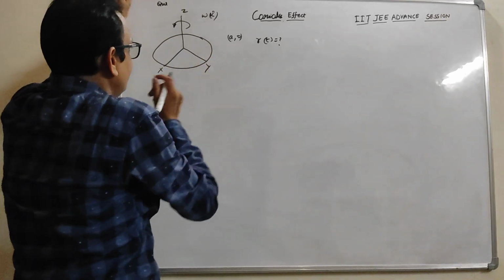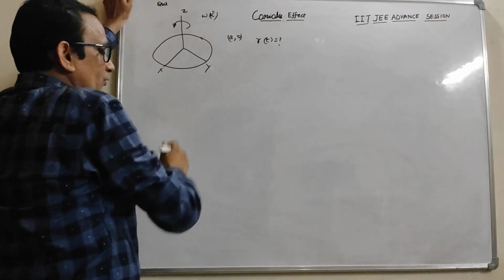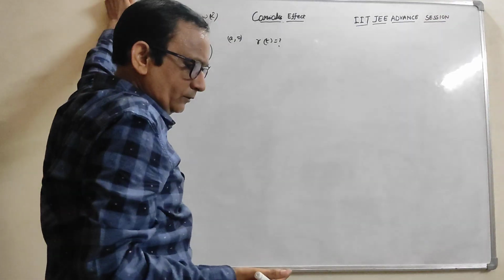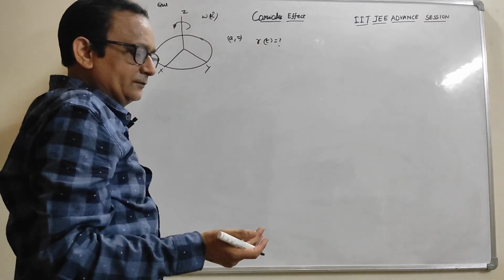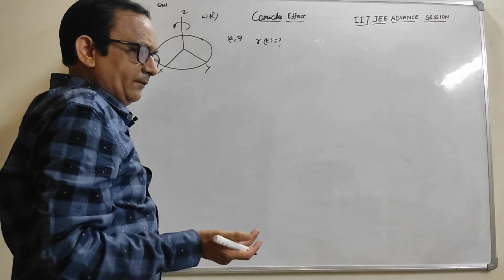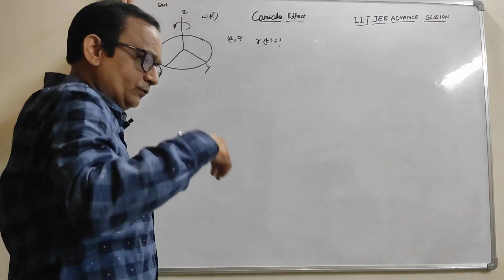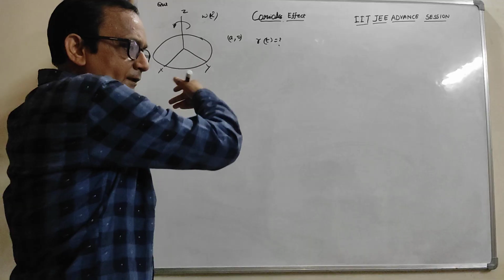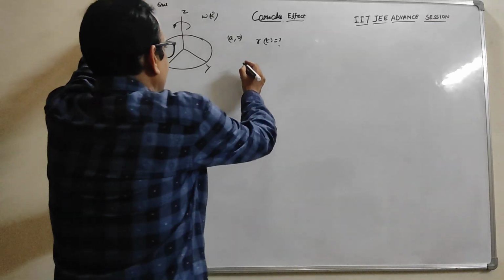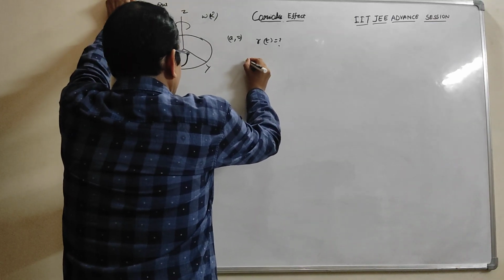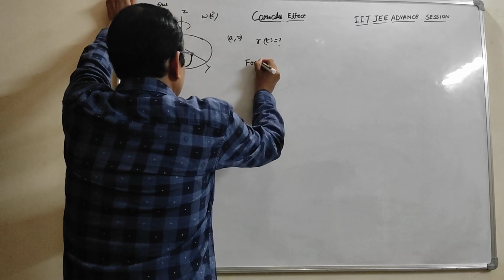So in the disc frame we can write the force equation. We know when the disc is rotating, or the earth is also rotating, both scenarios are the same, both are non-inertial frames. So we can write the force equation.